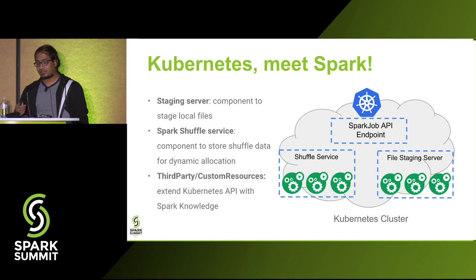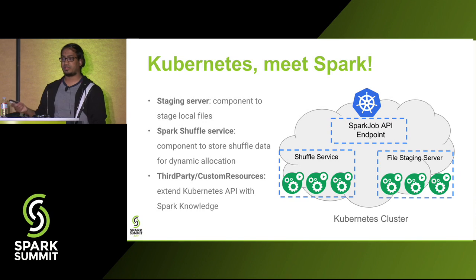That needs all the executor temporary files, the shuffle files, to be written to a different location because the executors are not long-lived. You might lose an executor because the Spark job scales down. So that's where the Shuffle service comes in. This is a component that is a part of Spark, and we used a lot of those primitives and created an implementation for Kubernetes so that you can deploy your own Shuffle service and use dynamic allocation in Spark.